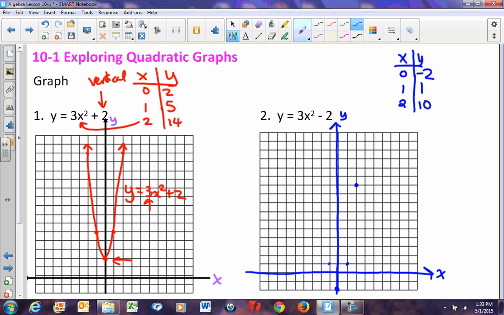And it's your mirror image over here. And there's the graph of y equals 3x squared minus 2. You'll notice minus 2 meant the vertex dropped 2 units from the x-axis. It dropped 2 units from 0, 0, which is exactly what it did. So y equals 3x squared minus 2.